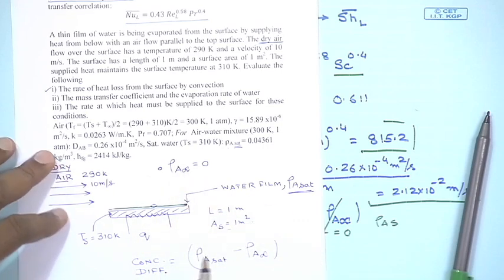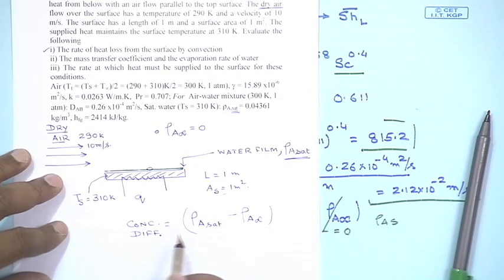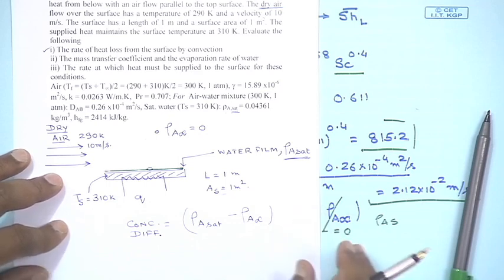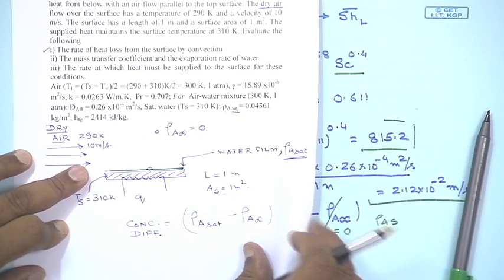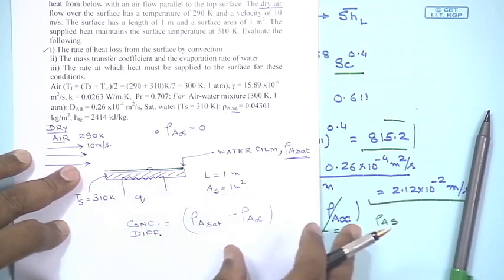So, once I have the concentration difference, this concentration difference can be multiplied by the area and multiplied by h m in order to obtain the total mass flux, or in other words, the evaporation rate from the water film covered surface.